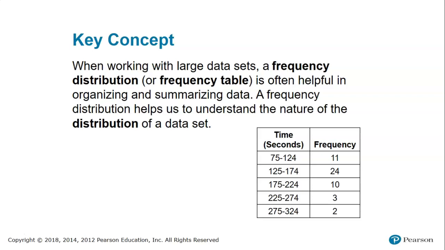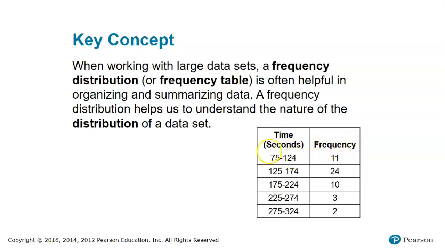The first one that we're going to start with is a frequency distribution, which you'll also hear me talk about as a frequency table. Sometimes these are very helpful when you have large data sets because it'll allow you to organize and summarize the data so that you can understand the nature of the distribution of the data set. For example, here is an example of a frequency table where we have time and then the frequency listed.